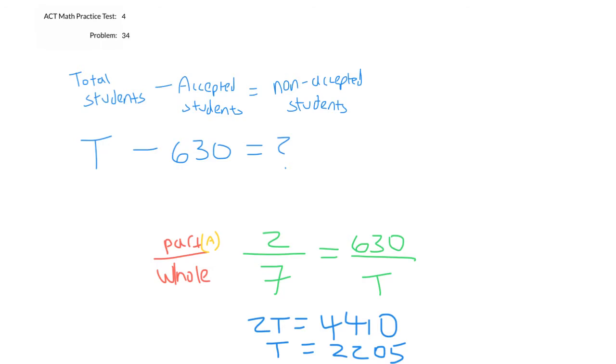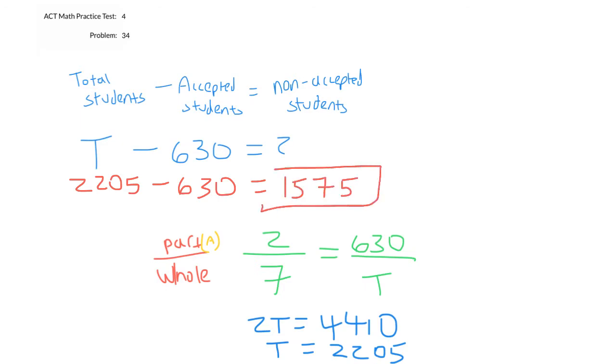You want to make sure that you remember the final goal is to figure out what is T minus 630, and that would be 2,205 minus 630, and that turns out to be 1575, and that is the answer right there, and that corresponds with answer choice K.